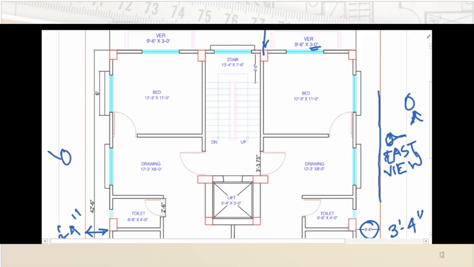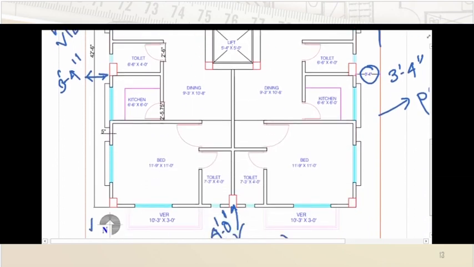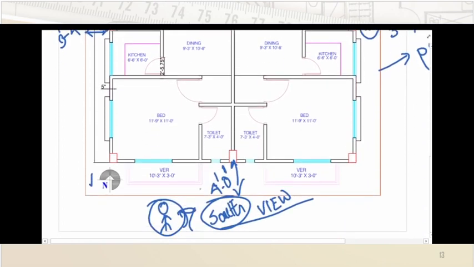And this will be the west view in a similar manner. So this was the west elevation we discussed previously, and now we are discussing the south view. This is the south view.